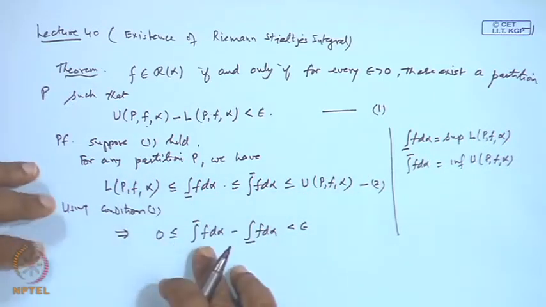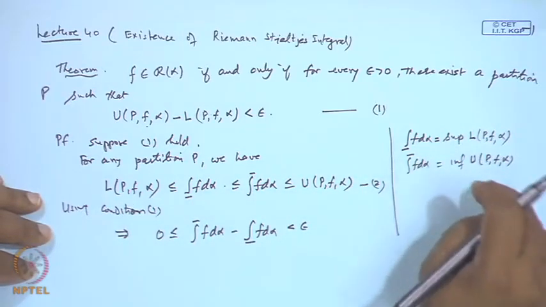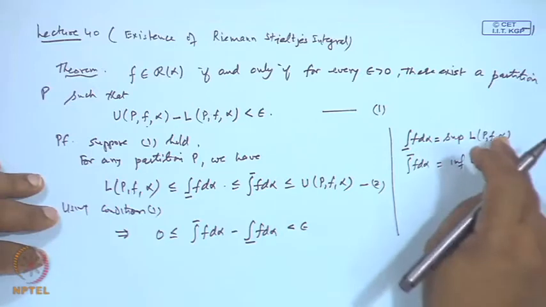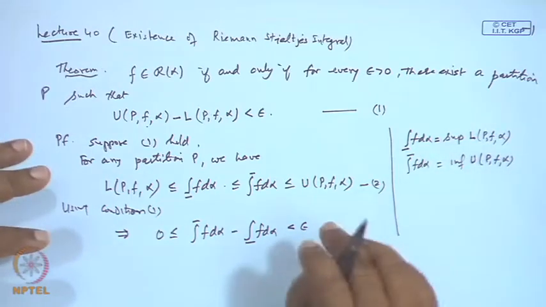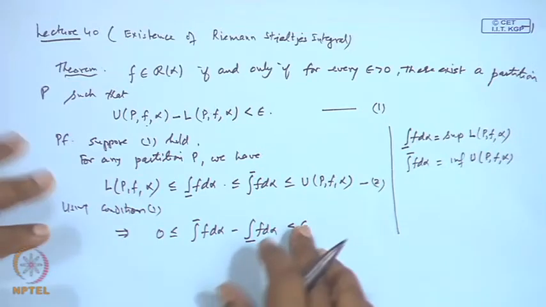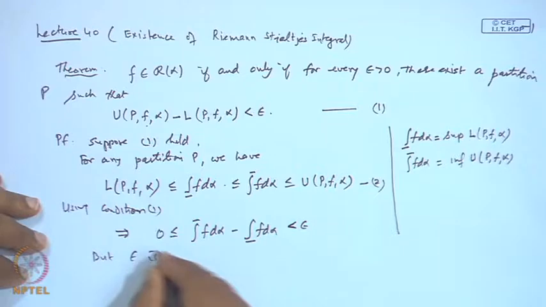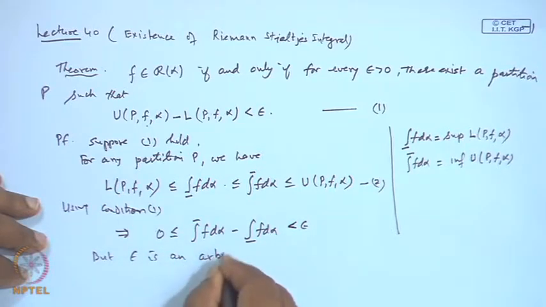And this is non-negative, because the upper sum and lower sum are defined using the maximum value M_i and delta alpha_i and so on, where alpha is a monotonic function. Okay. So, we get this less than epsilon, but epsilon is an arbitrary number.